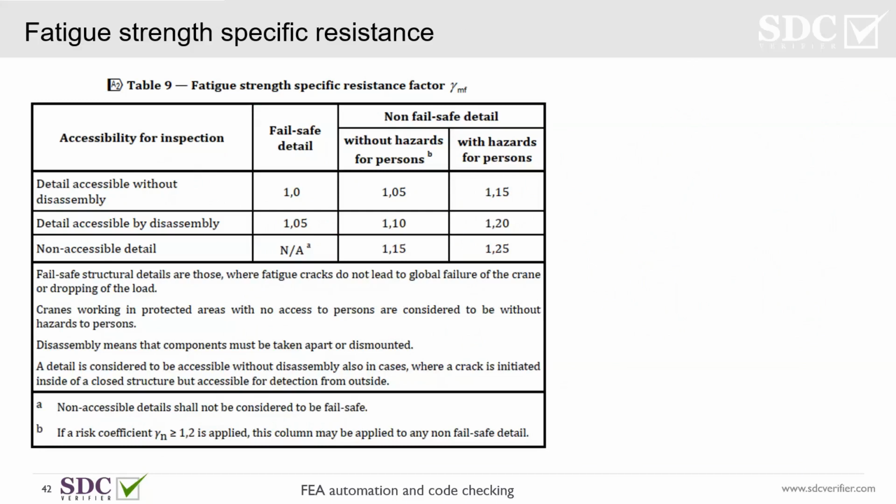In short, it means that for structural parts that even comply with fatigue verification, but where the detail is not easily accessible, you see, so basically these rows, for inspection, the additional safety factors are popping up.